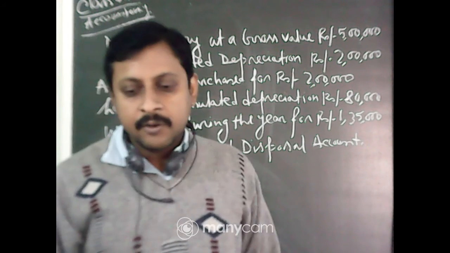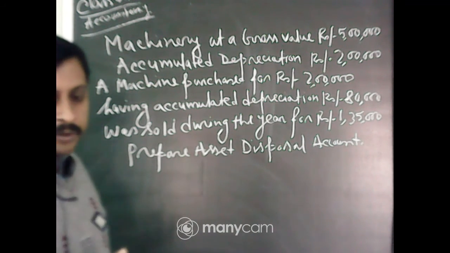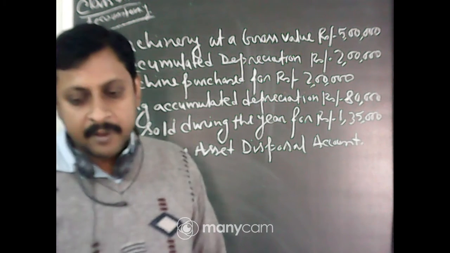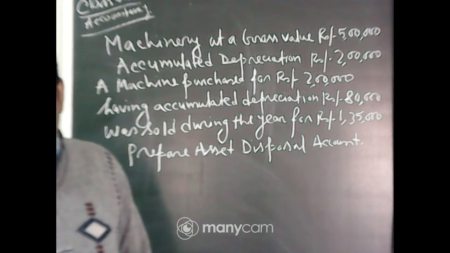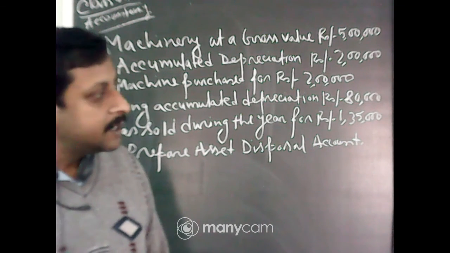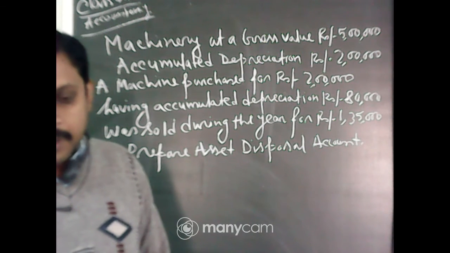That's why we make the asset disposal account, because this year we sell one machine, and the next year we sell another machine. So each and every year we can sell a different machine.